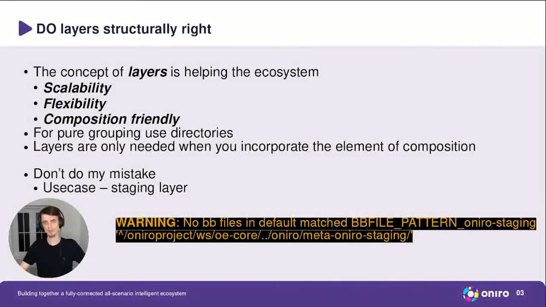So I'm going to tell you about a decision that we've done at the beginning of the project and was proven to be a mistake. We have decided to create a new layer called Meta Oniro Staging that was meant to hold all the changes while we undergo the upstreaming process and the upstream undergoes the reviewing process.